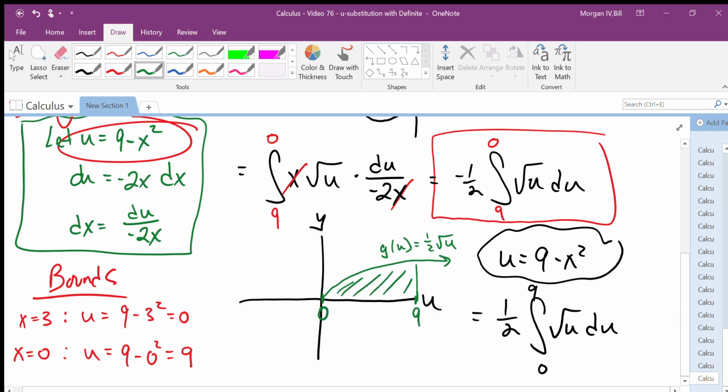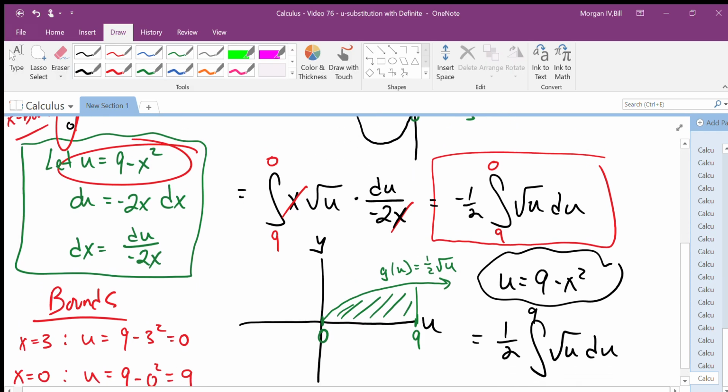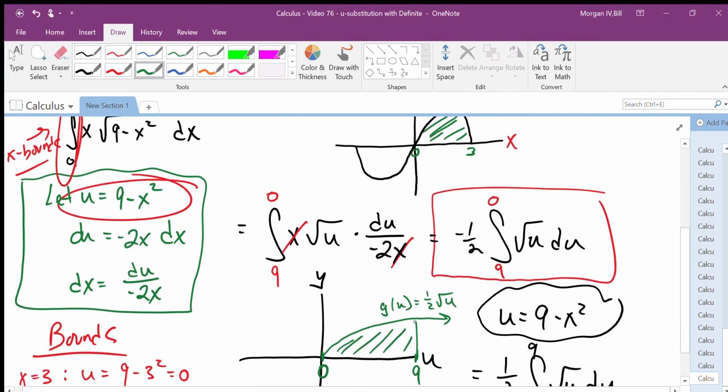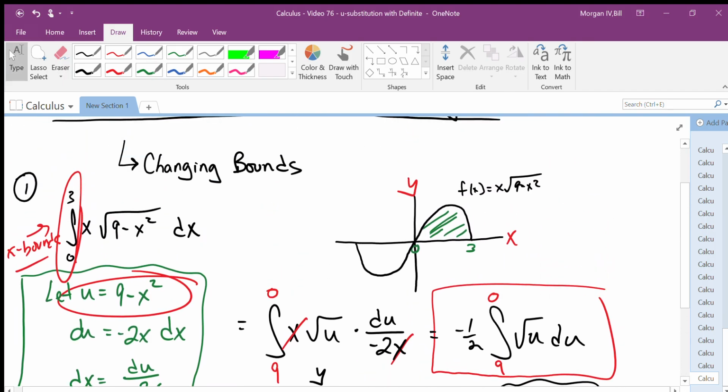So the u bounds on the curve 1/2 square root of u correspond to 0 to 9. The interesting part is this area in green here for 1/2 square root of u from 0 to 9. Even though the curve is different and the bounds are different, the area you're getting there is the same as the area that we get from 0 to 3 of x times the square root of 9 minus x squared. Those areas are the same.